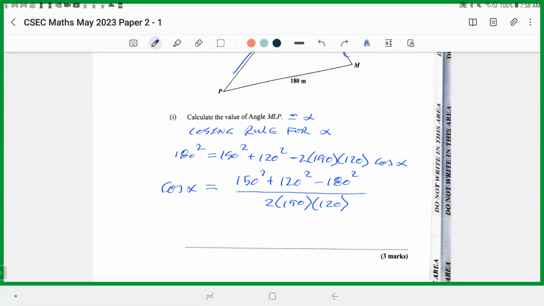So watch it now. I'm going to set it up now. Let's shift this over so you'll be able to see it on the video. I'm going to do cos to the minus one of this. So alpha is cos to the minus one of all of this, and I'm moving the alpha. That's another reason why I tell my students to use a pencil, because you can make these adjustments and erase.